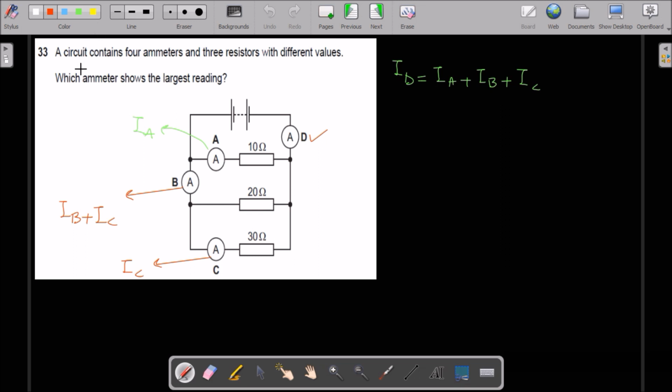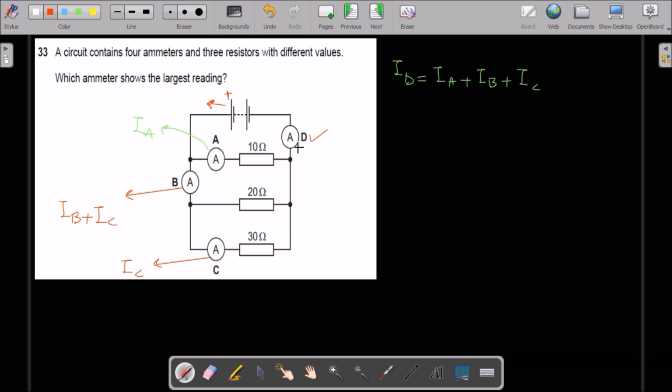In this question, which ammeter shows the largest reading? We know that in this part, this is the positive end and current comes to the circuit.